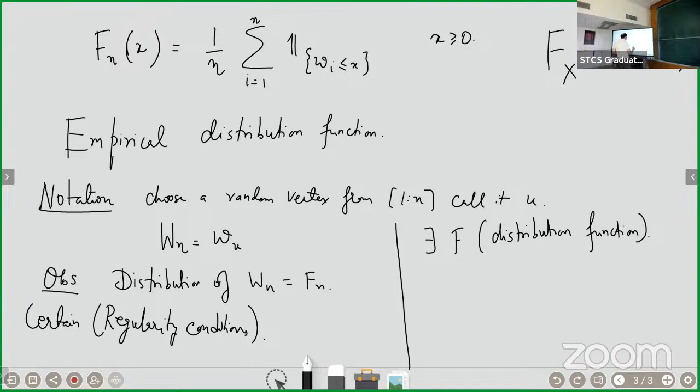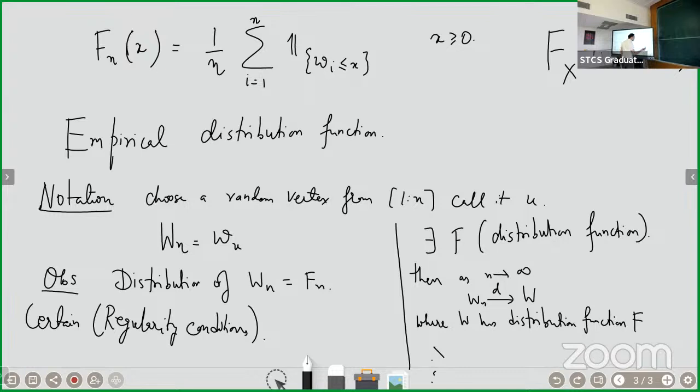These are not being proven, these are being asked: that there exists an F for which, as n goes to infinity, W_n in distribution converges to W, where W has distribution function F. Technically, what we ask is that F_n converges to F in distribution, that there exists an F for which this happens.